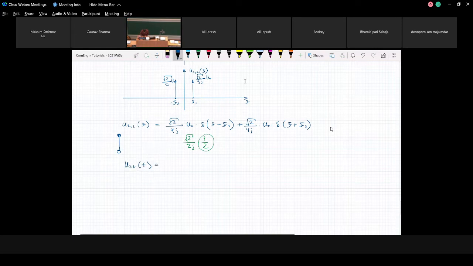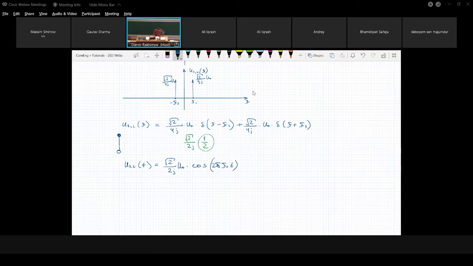After this transformation, we get a signal with amplitude square root of 2 over 2j, times U0, times cosine 2 pi Fs t. As usual, I forgot U0. Let me check what we need to find.